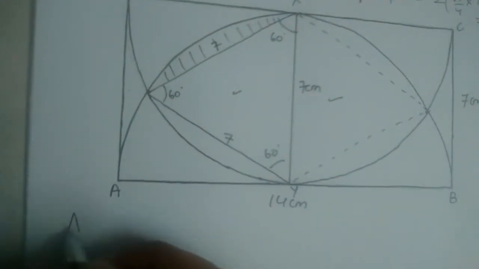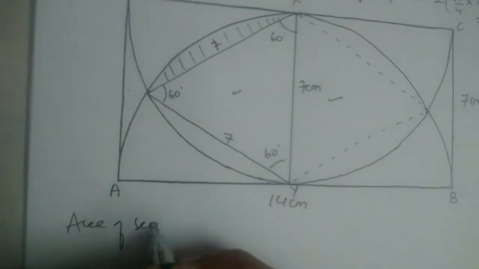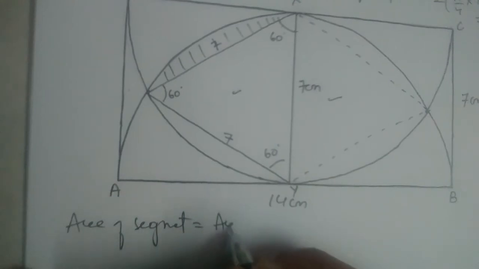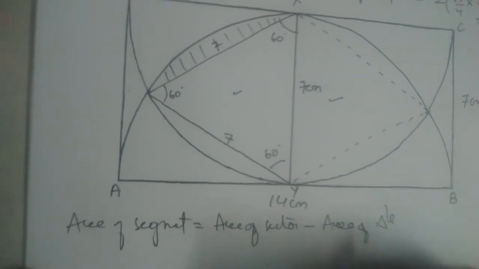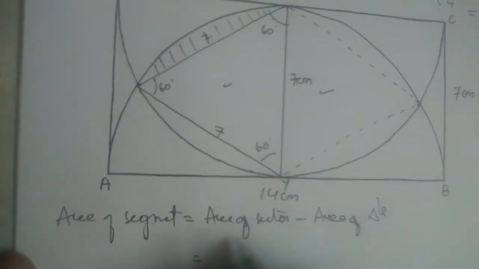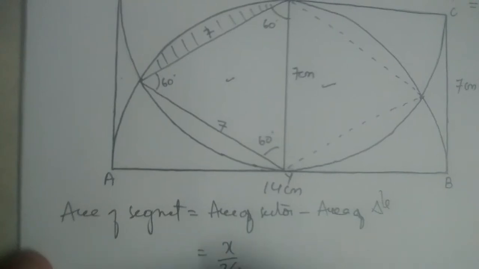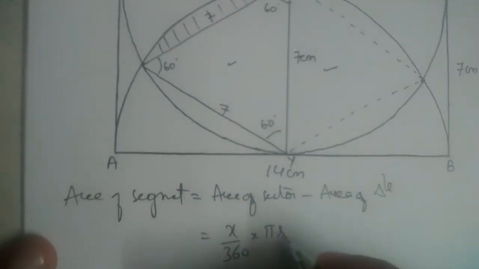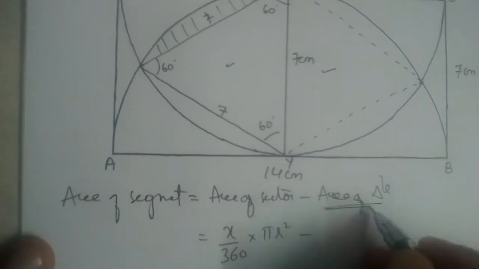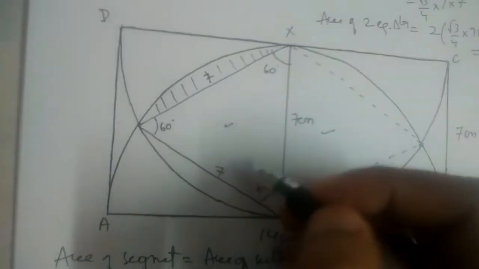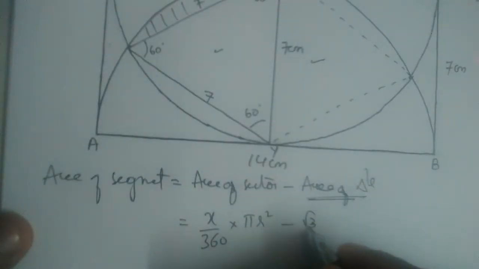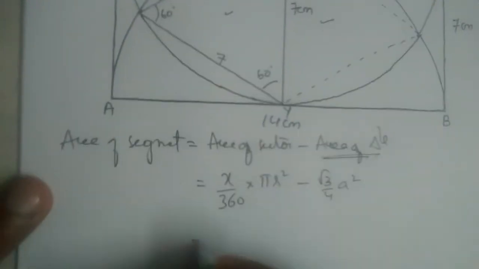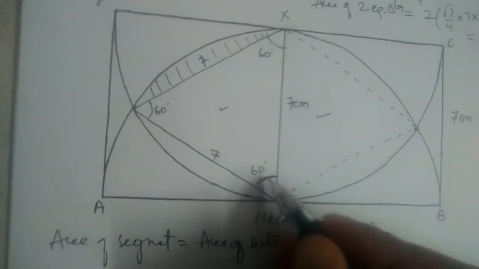We know the area of a segment is equal to the area of the sector minus the area of the triangle. The area of the sector formula is x by 360 into pi r square, minus the area of the triangle, which is root 3 by 4 a square. x here is 60 degrees.